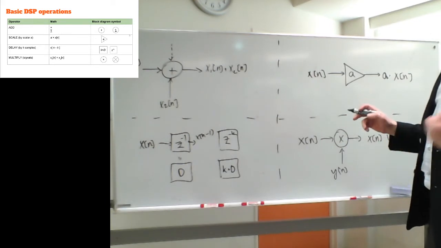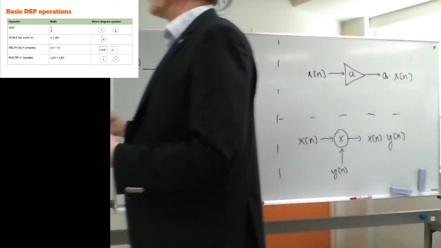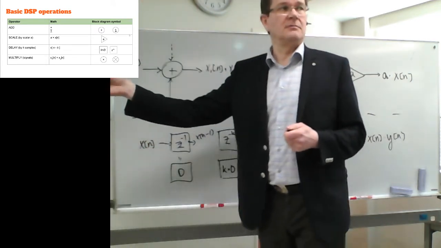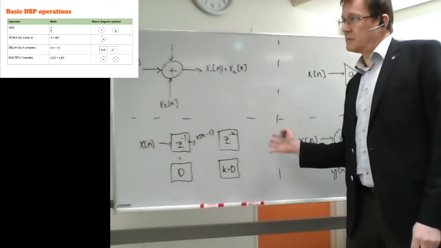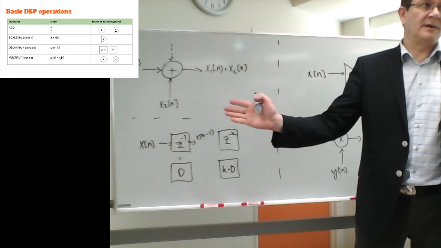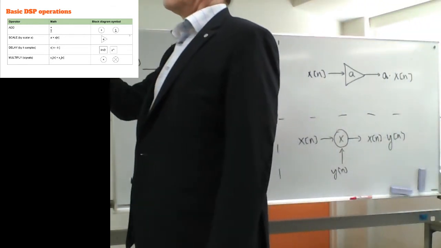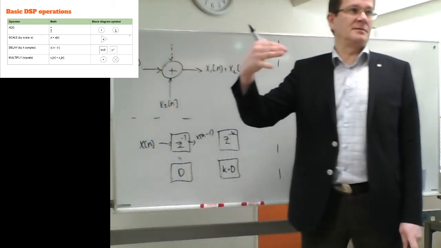So there's also the reverse operation of delay. It's called the advance operation, which is basically a time shift in the other direction, meaning that you are taking advanced information.